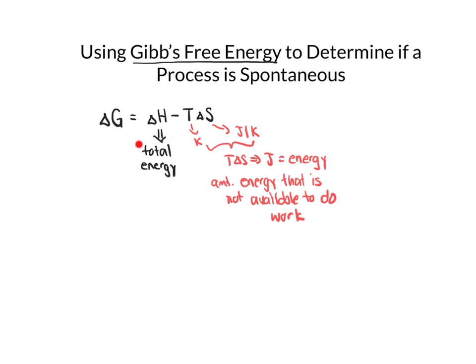So if we take the total energy and we subtract the amount of energy not available to do work, then what we get is just the energy that's available for work. And so delta G really is the energy available for work. So how much work can we do with a certain process? And that's what delta G tells us.